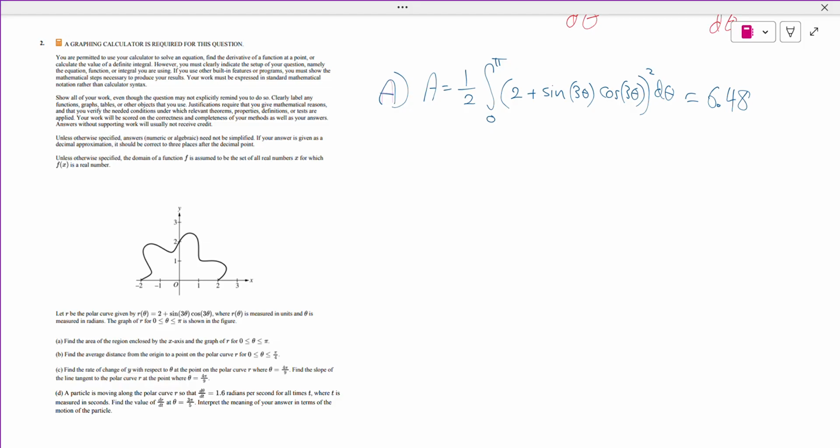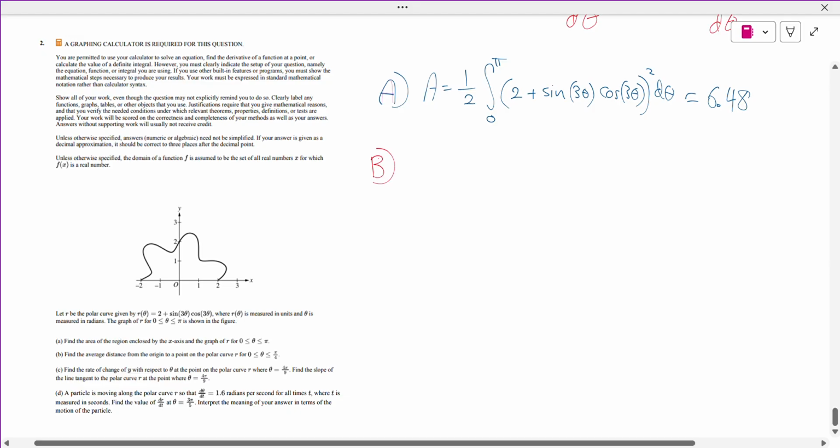So, the second part, B, says: find the average distance from the origin to a point on the polar curve r for theta from 0 to pi over 4. The average distance is given by, we studied this in lesson 8.1 in unit 8, 1 over b minus a times the integral from a to b.